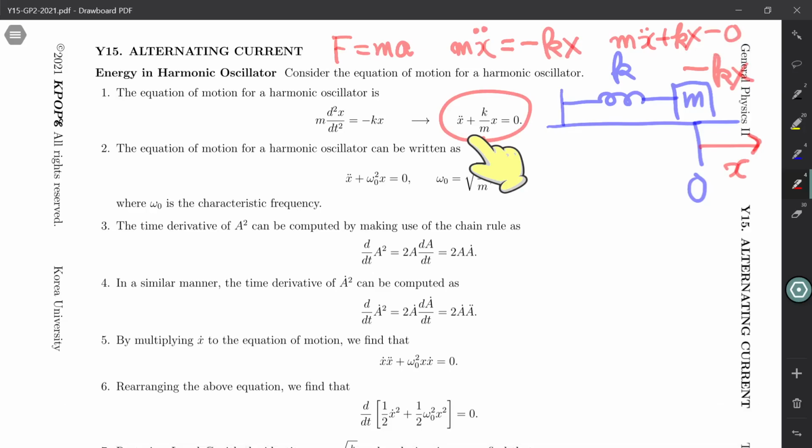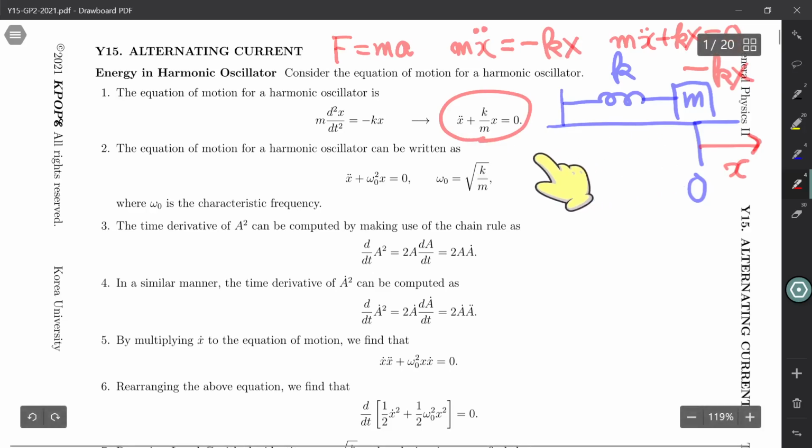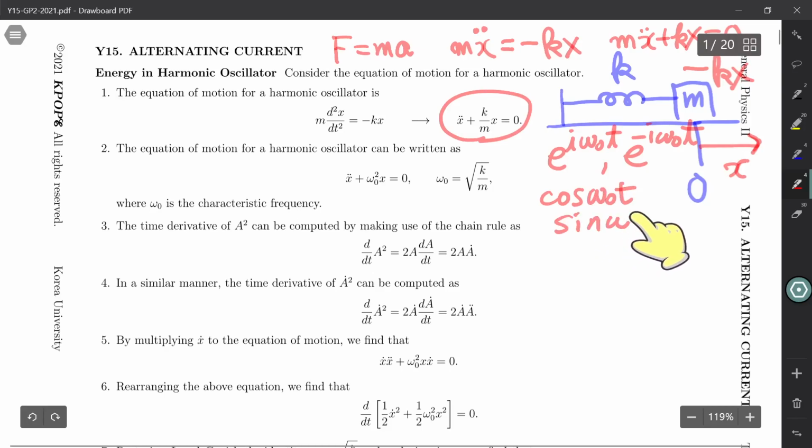This differential equation has the solution e to the i omega 0 t and e to the minus i omega 0 t, or cosine omega 0 t and sine omega 0 t. These two and these two are linearly independent.